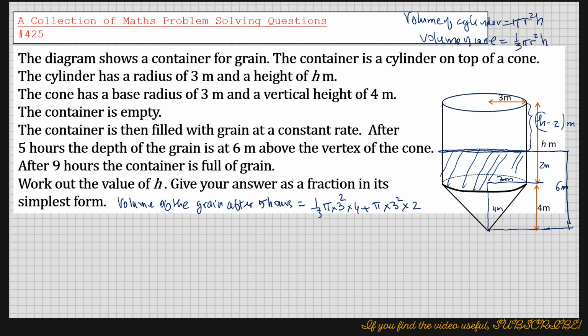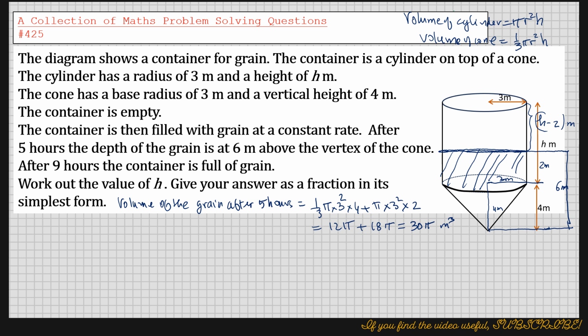So one of the 3's goes away, 3 times 4 is 12 pi, plus 9 times 2, 18 pi. So that is 30 pi. That's the volume of the grain in meters cubed after 5 hours.